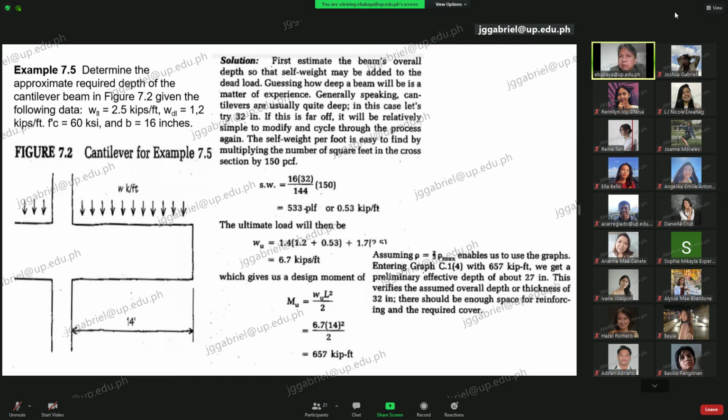So 1.5 inch is around how much in millimeter? That's 37 plus. But in the code, the minimum cover should be 40 millimeters. Okay?